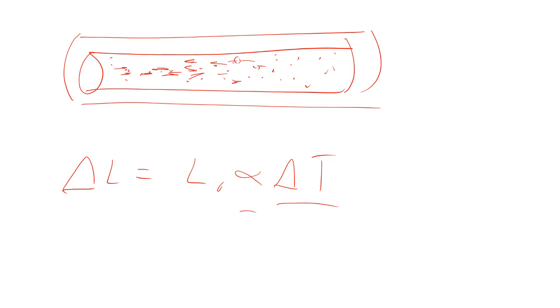This is a constant, the constant of linear expansion, and bigger L means there are more molecules. If you're twice as long, you get twice as many molecules, each one taking more space, and so you end up with twice the change in length. And so now we're able to start correlating thermodynamics with molecular motion. So that's an extension to this whole concept.